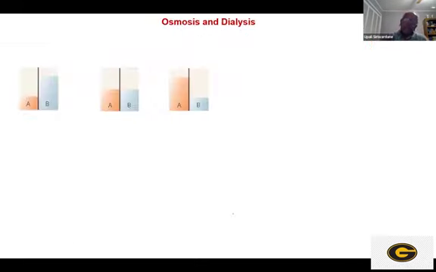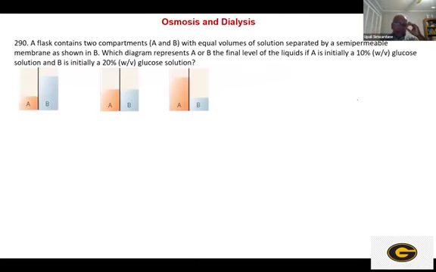Let's answer a few more questions. There's a diagram given here. There are two solutions, A and B. That's the beginning. This solution A is 10%, B is 20%. 20% is higher, therefore water should flow from here. When water flows, this level goes up.